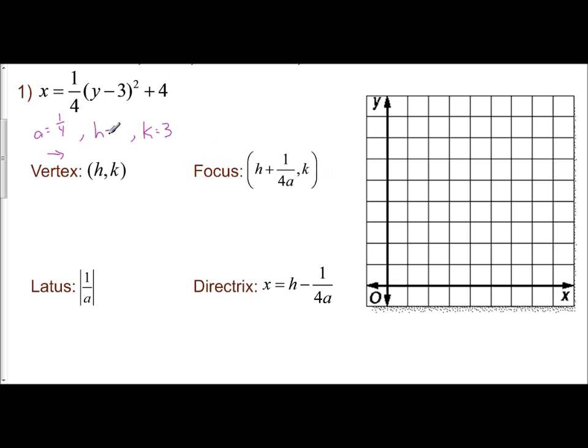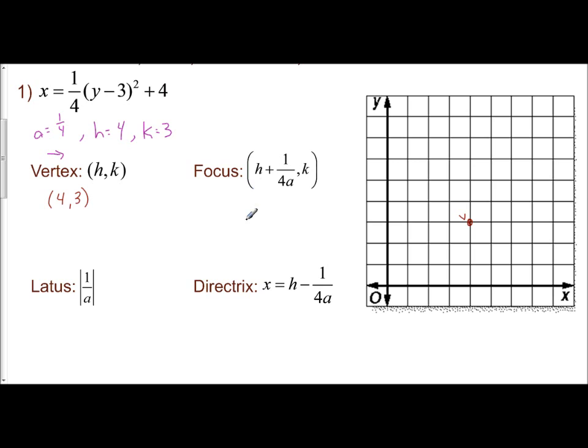H is 4. So the coordinate of the vertex is (h, k), so that is (4, 3). So I go to my graph, go over 4, go up 3, and there is the coordinate of the vertex. I'm going to label it with a V so we know what it is.